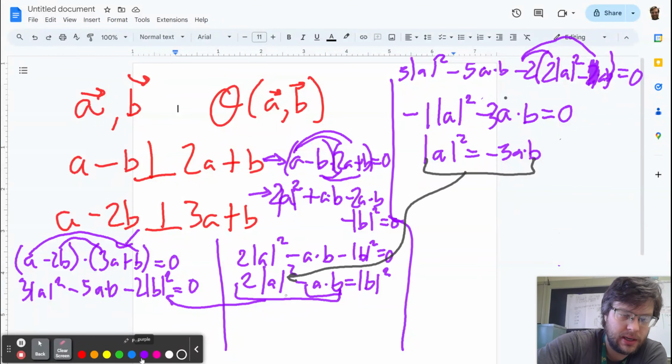In other words, negative 7 A dot B is the magnitude of B squared.